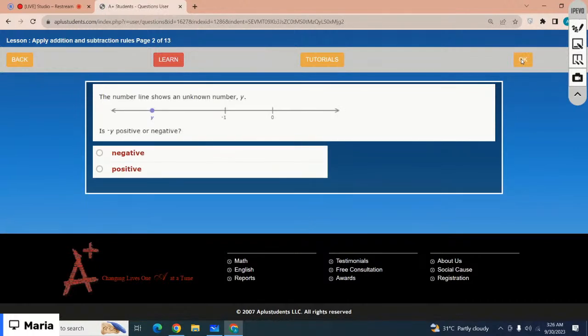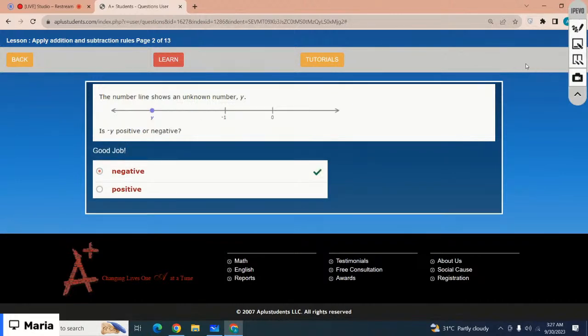Very good. Okay, the number line shows an unknown number y. Is it positive or negative? Which is the correct option? See the zero, right? The unknown number is on the left hand side of the zero, so obviously it would be negative, right?